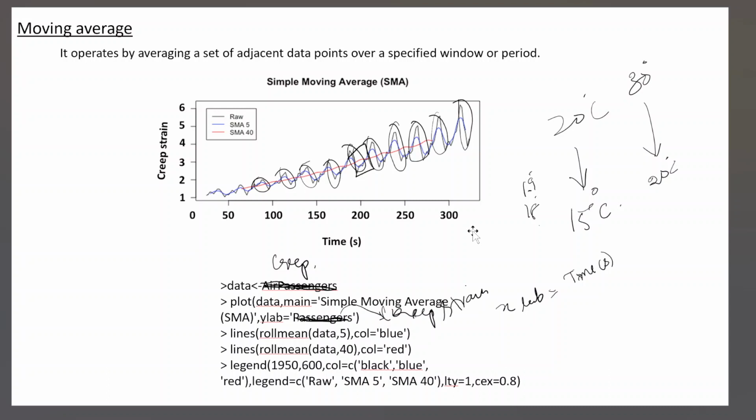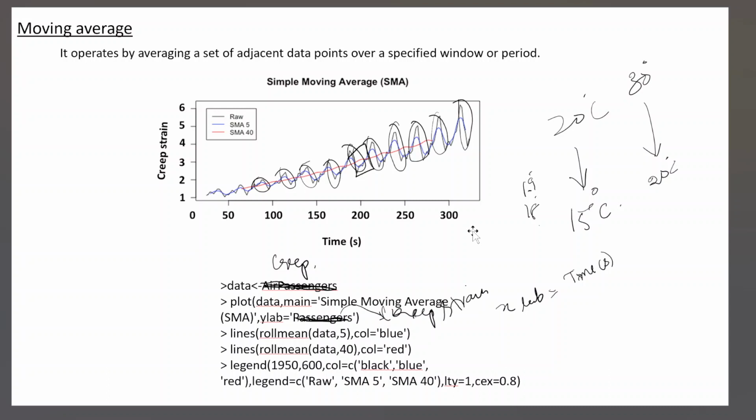And then we have drawn a line using the rollmean function, which gives the simple moving average. As I told you, the alternative name for the moving average is rolling average. People call it different names, but all represent the same average mean.